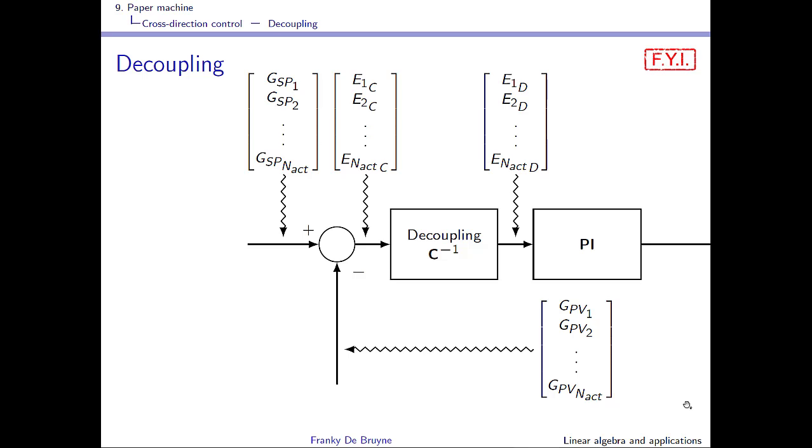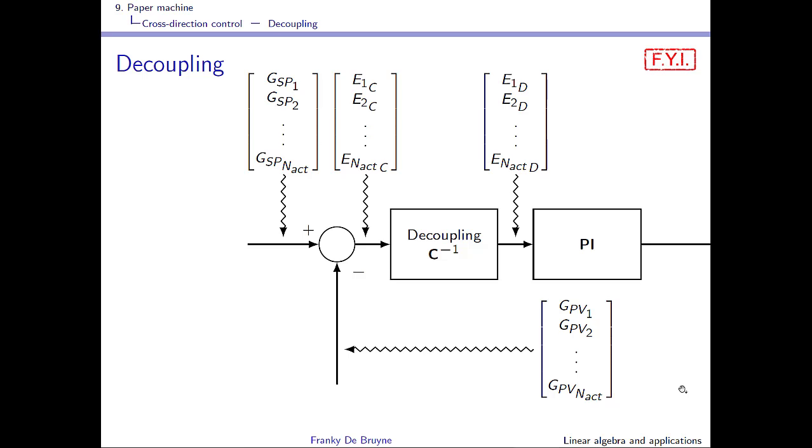This is a course on linear algebra, so I will focus here on the aspects of decoupling, because here they are an illustration of the course. These slides are there for your information, so feel free to have a look and to ask questions if necessary. The cross-direction control problem is a multivariable problem.